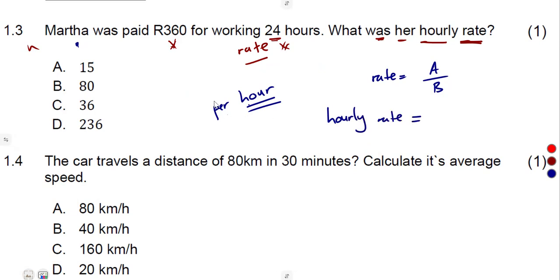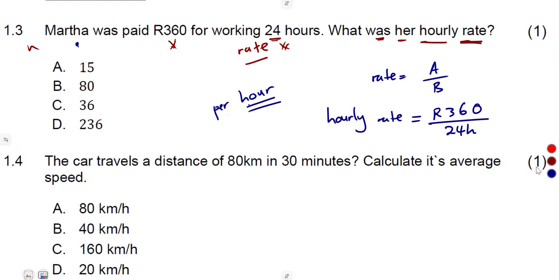So hourly rate is going to be what? For us to have per hour, it must be what she is paid over the number of hours. So she is paid 360 Rand for working 24 hours. So we have got the money versus the hours.